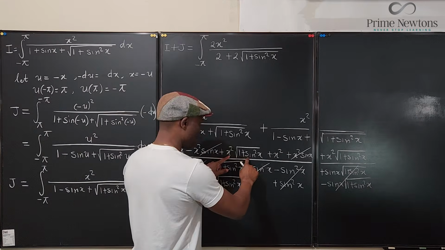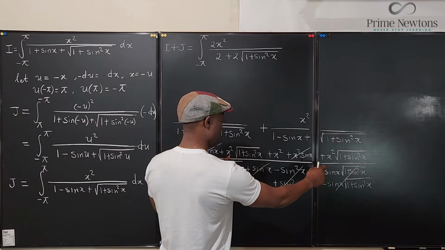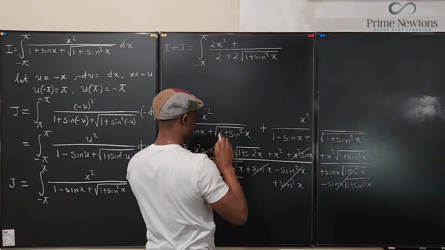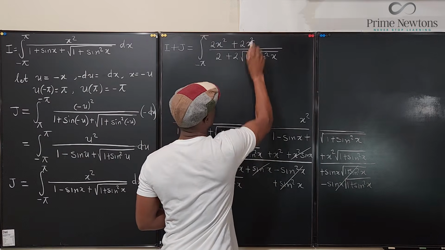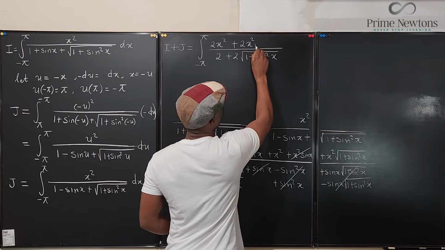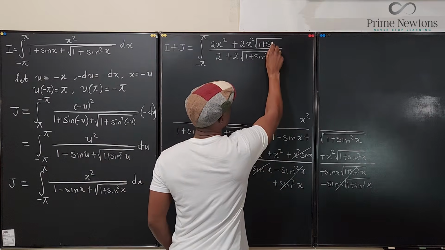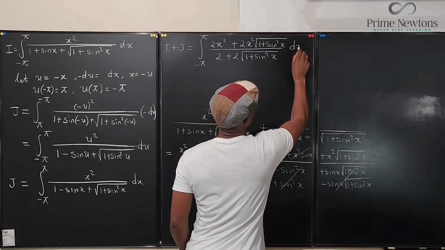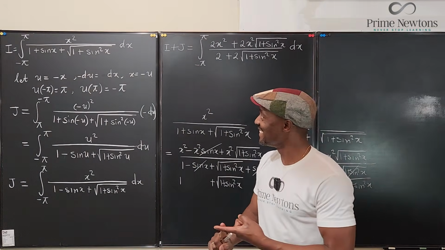Okay. x squared times this, that's all that's left. So we have plus 2x squared square root of 1 plus sine squared x dx. That's what happens when you add I and J.